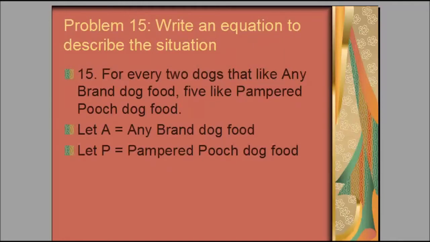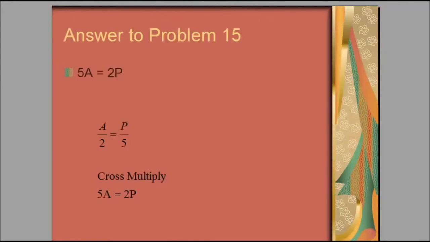Problem 15. Write an equation to describe the situation. For every 2 dogs that like any brand dog food, 5 like Pampered Pooch dog food. The answer is 5a equals 2p, and the easiest way is to set up a proportion a over 2 equals p over 5.